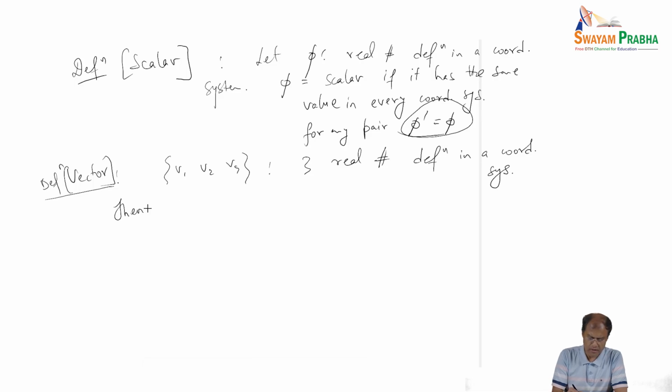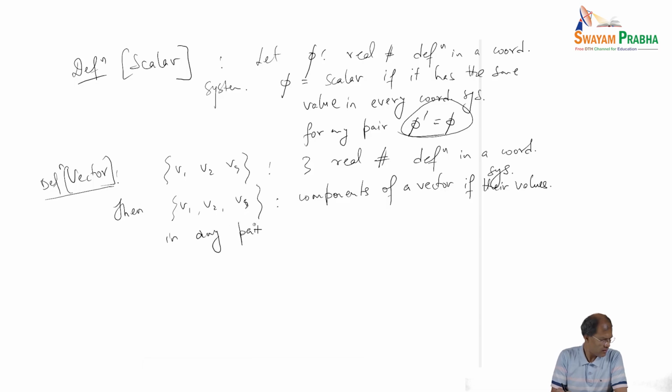Then v1, v2, v3 are components of a vector if their values in any pair of the coordinate transformation C and C prime are related by V prime equal to AV, right?